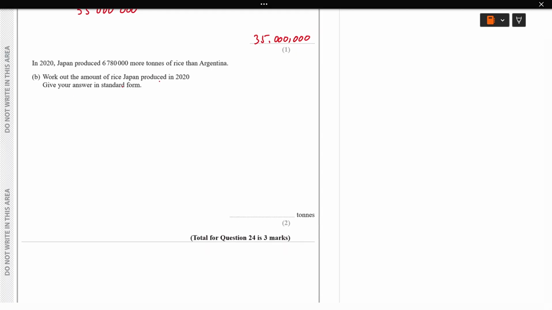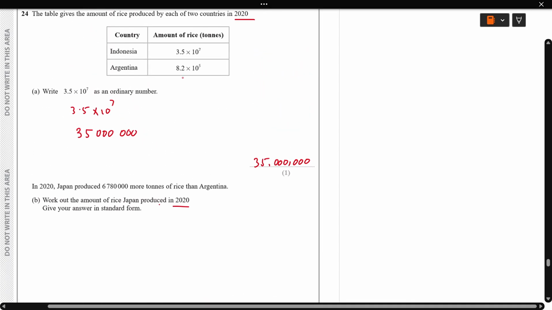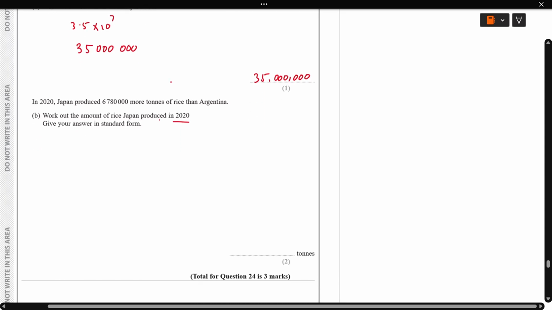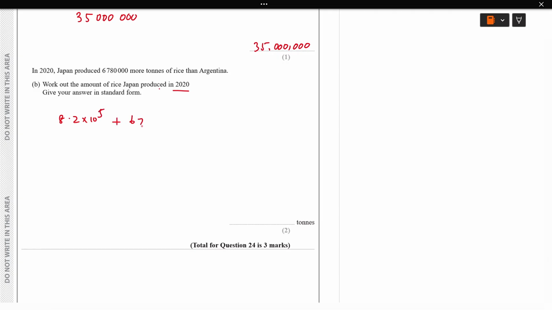Next, in 2020, Japan produced this amount more tons than Argentina. So work out the amount Japan produced. Argentina is 8.2 times 10 power 5, plus this amount. First I will make it an ordinary number, which is 8, 2, and 4 zeros, because one zero is used by the decimal.